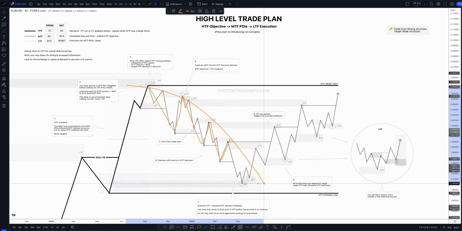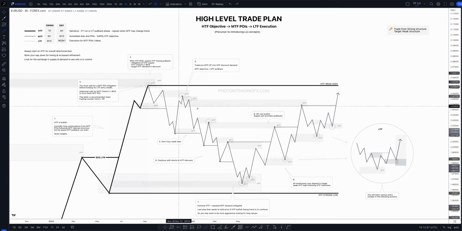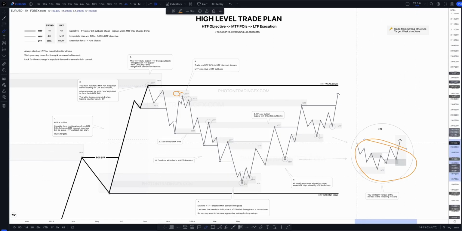To facilitate the larger pullback. Likewise, when the medium time frame shifts bullish here, why? Because its objective is to now fulfill the pro trend run of the higher time frame to target that week high. Okay. And then again, that whole time, all of these medium time frame POIs and prices coming into them, we can look to trade them, but with our lower time frame execution.